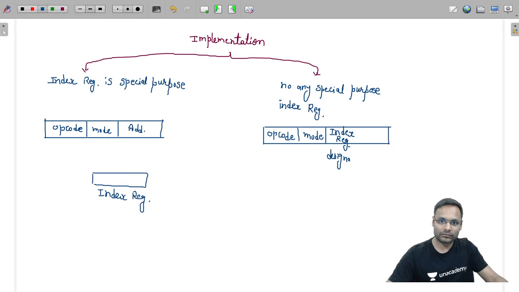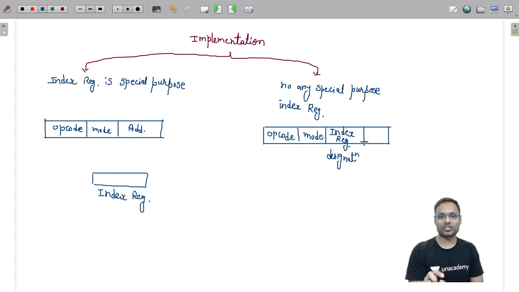Designation. मतलब कि among all the general purpose registers, which register this instruction is using as the index register for a short period, and then the address part, of course.